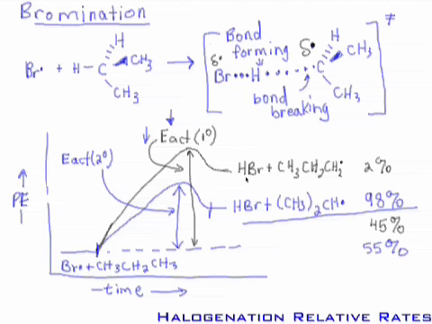Okay. Now, the relative rates of the different selectivities of the halogens can be determined. When comparing the kinds of hydrogens, you can contrast the relative rates.